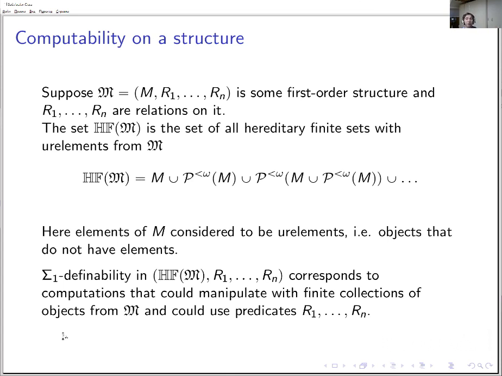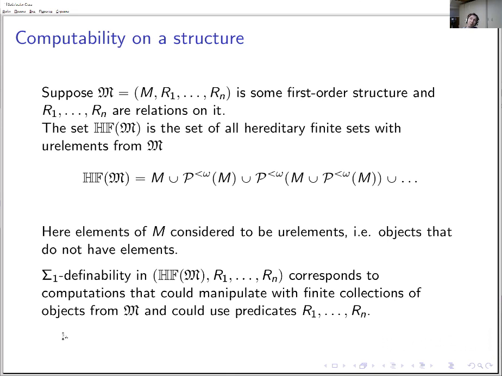Now what we want is some kind of computations that would manipulate reals. For example, we would like this computation to have access to arithmetic on reals: addition, multiplication, subtraction, and so on.